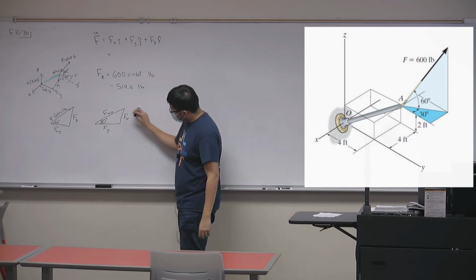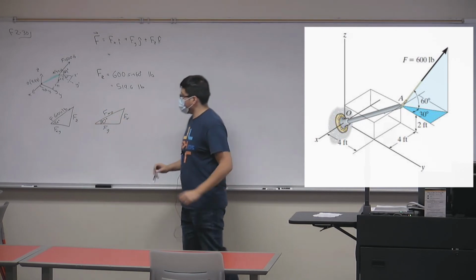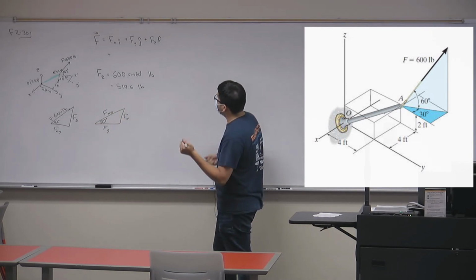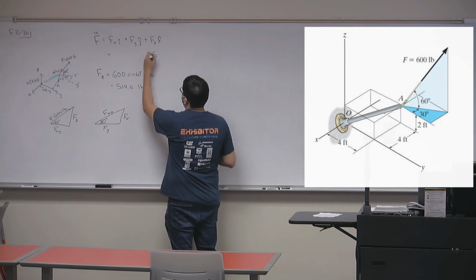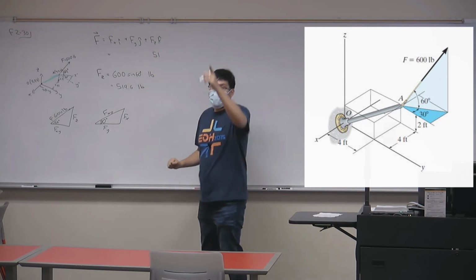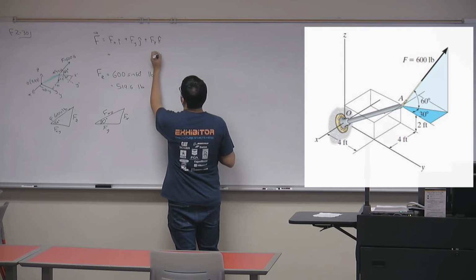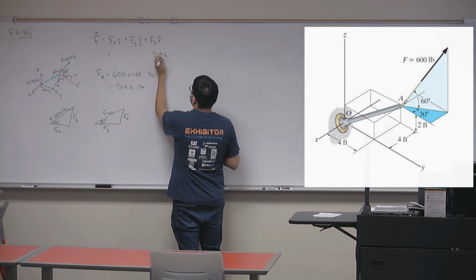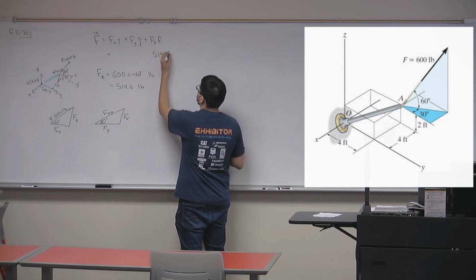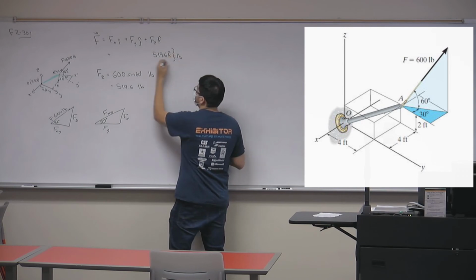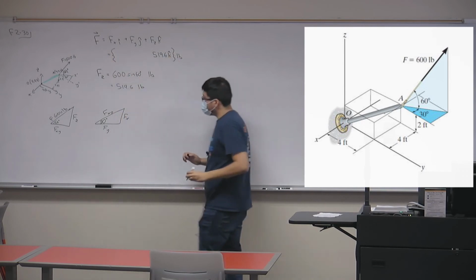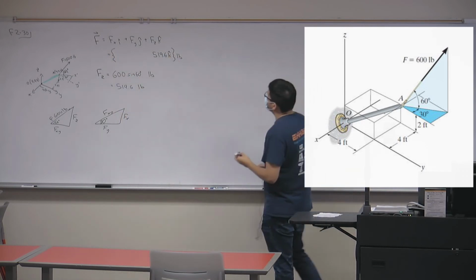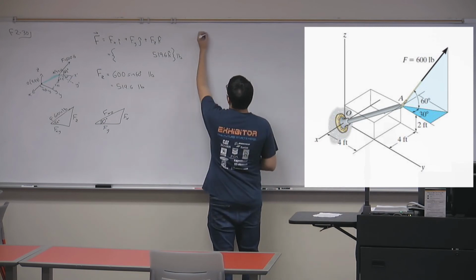So, given these two right triangles, we want to find the x component and the y component. Let's go with you in the back. How do we find the x or the y component? For the y, it would be FXY sine 30. Okay.